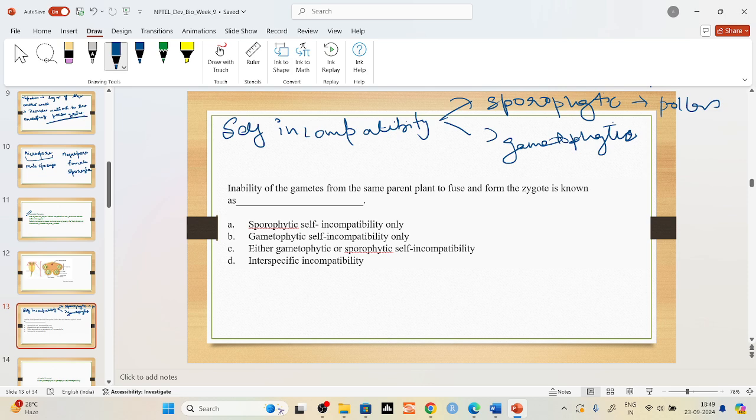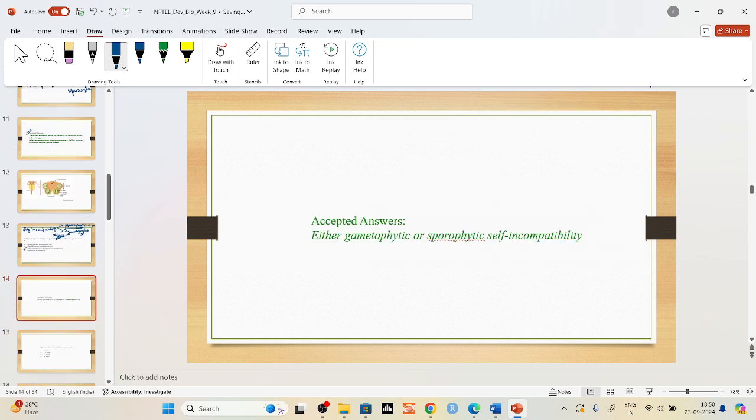Remember, diploid genotype of the sporophyte, whereas this gametophytic self incompatibility is determined by the haploid genotype of the pollen itself. So there can be two kinds of self incompatibility, either gametophytic or sporophytic.